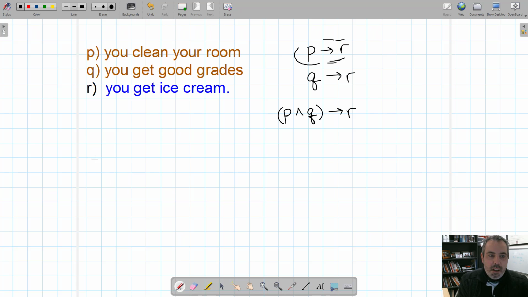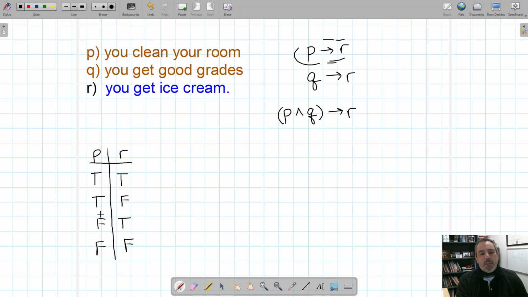P, then R. And that truth table is going to look like this. Here's the letter P, and the letter R, the statement. Now I know that these could both be true. I know that the first one could be true and the second one could be false. The first one could be false and the second one could be true, or they're both false.